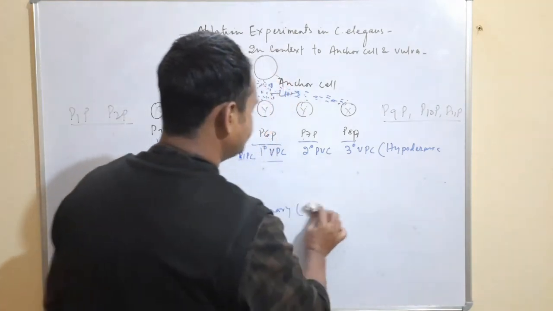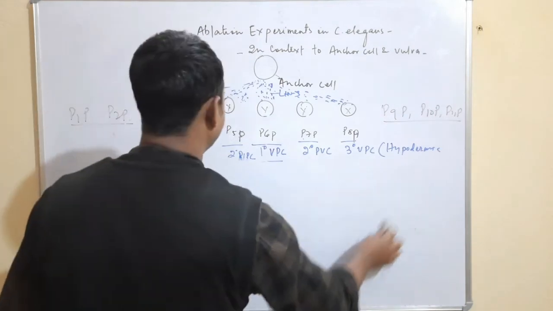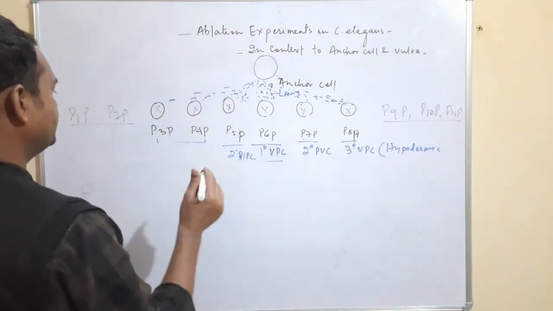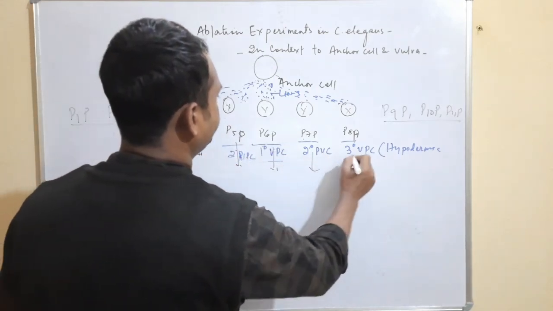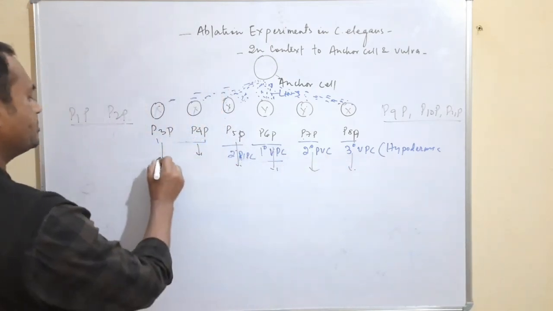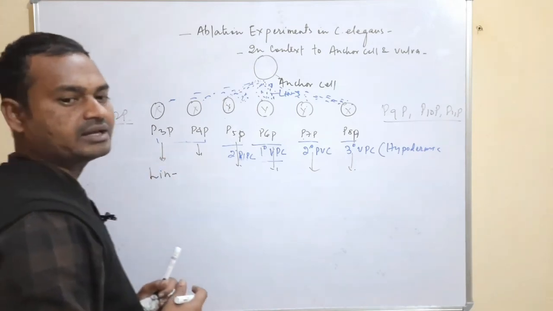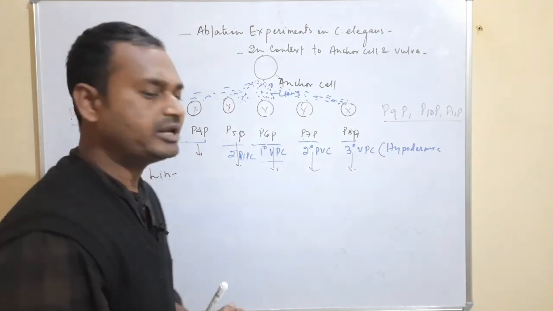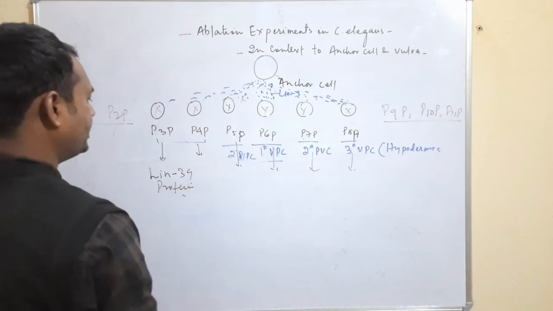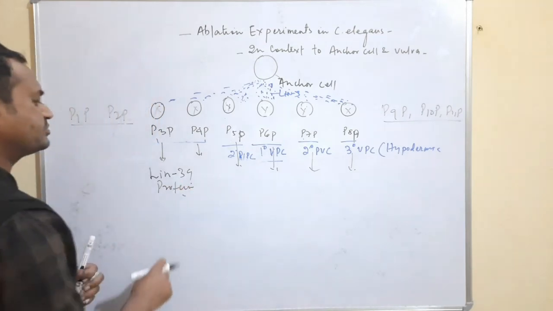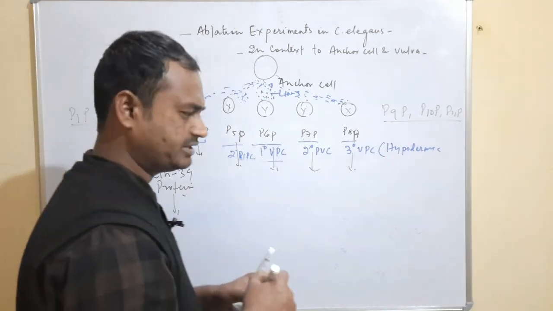Every cell from P3P to P8P, that is P3P, P4P, P5P, P6P, P7P and P8P, is responding to the Lin-39 protein. What is the function of Lin-39?